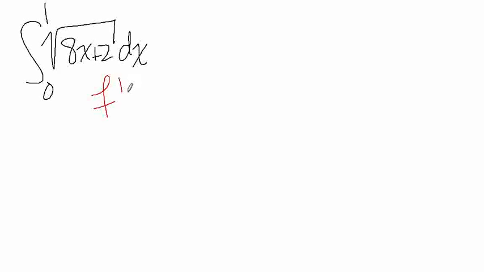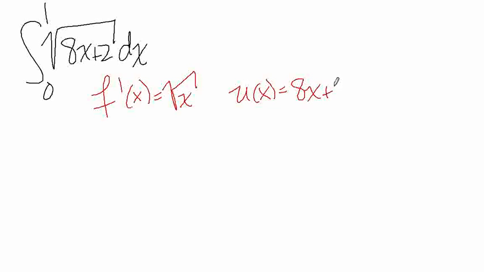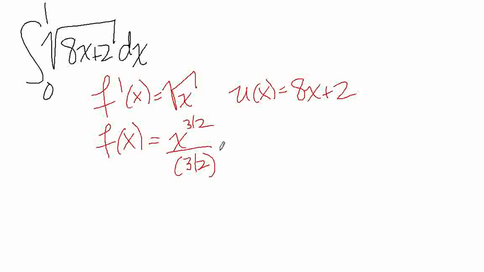So the f prime that works the best is f prime equal to the square root of x, and then u of x, a good choice, probably the only choice I can think of, is 8x plus 2. And that would imply that f of x, now taking the antiderivative of x to the 1/2, gives x to the 3/2 divided by 3/2.